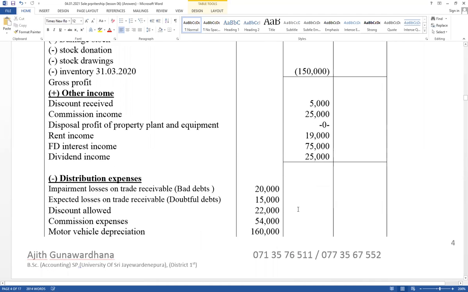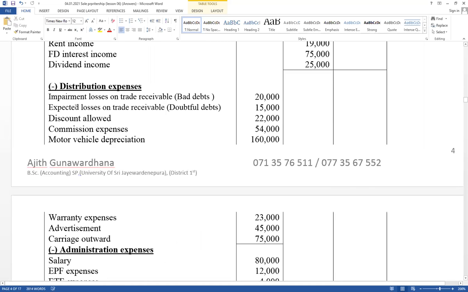Then think about distribution expense. Impairment loss on trade receivable, expected losses on trade receivable, that is doubtful debts, discount allowance, commission expense, motor vehicle depreciation, warranty expense, advertisement, and carriage outwards. Then think about expense, the first column should be recorded.